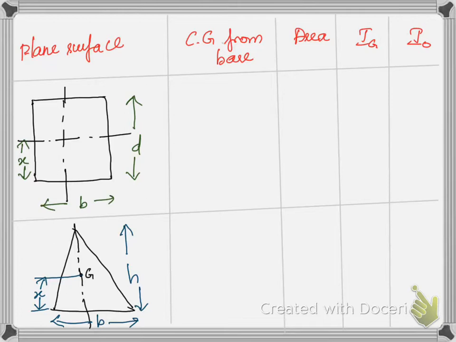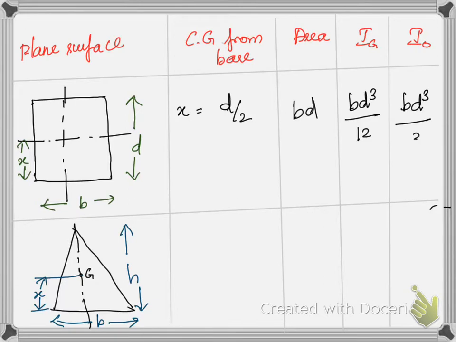So consider a plane surface which is rectangular in shape. The center of gravity from the base x will be d by 2, the area will be b into d, Ig is b d cube by 12, and I naught will be b d cube by 3.